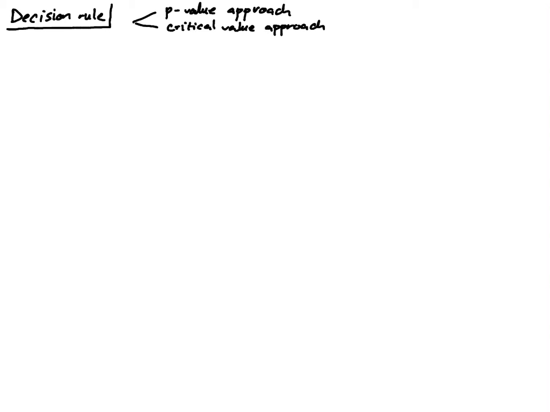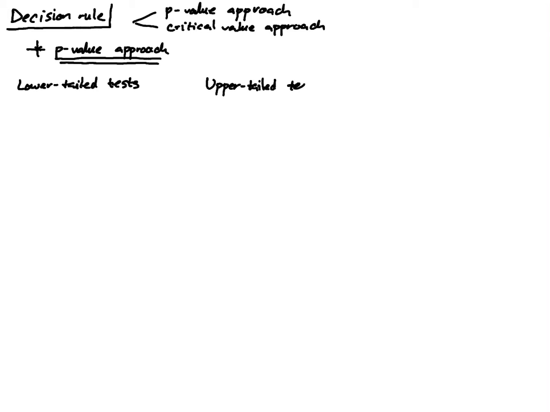Okay, so let's first look at the p-value approach. Remember that we have lower-tailed tests, right? We have upper tail tests, and then we have two tail tests, right?